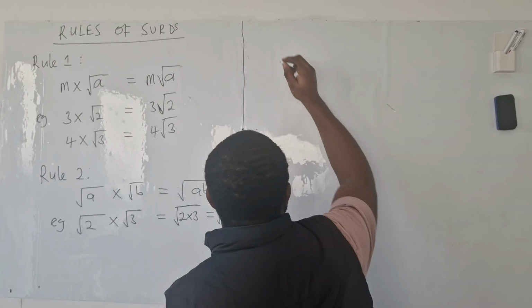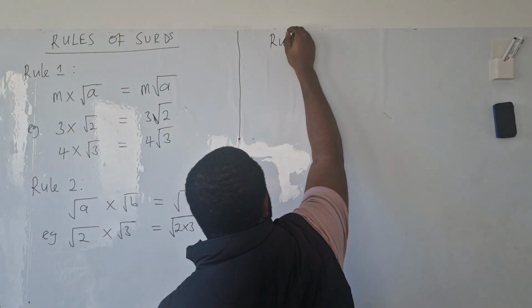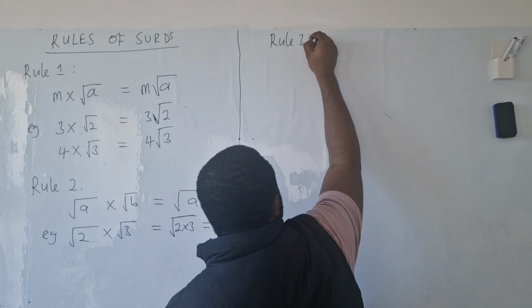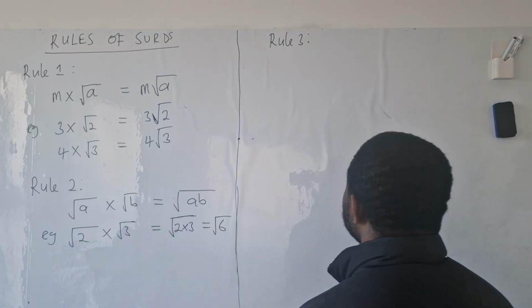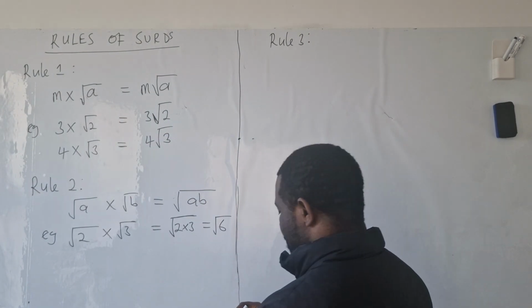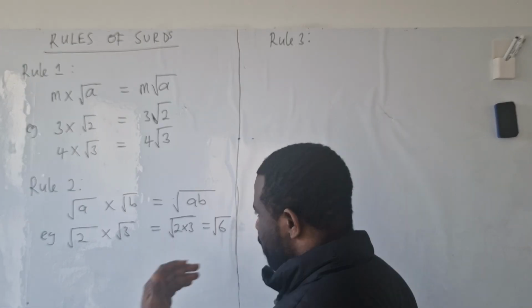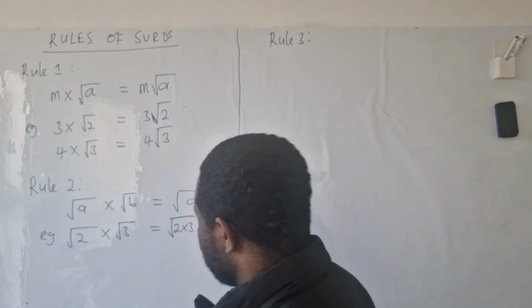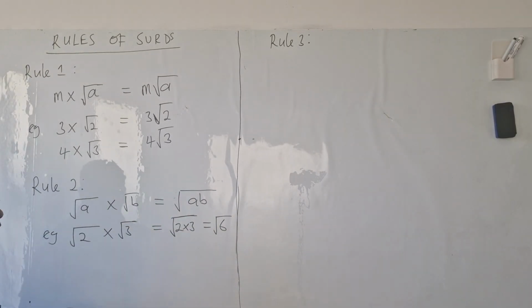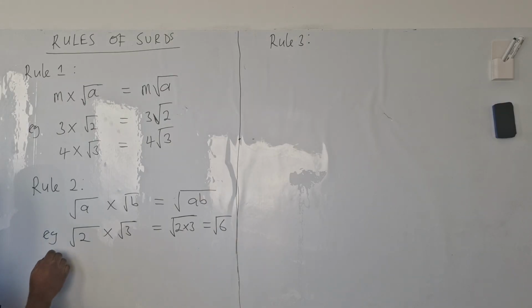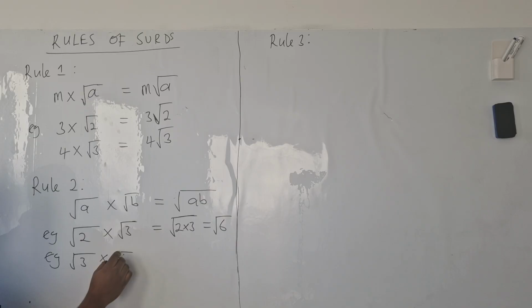Now before you go on, please take notice. This idea of multiplication of unlike surds can be extended to multiplication of more than 2 surds. Like we can have root 3 multiplying root 2 multiplying root 5.